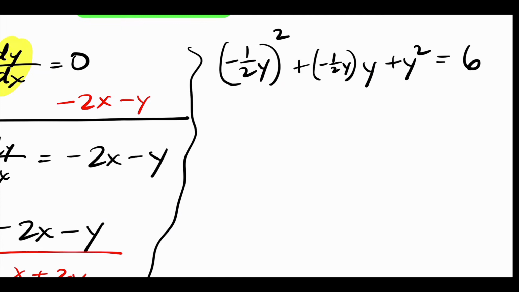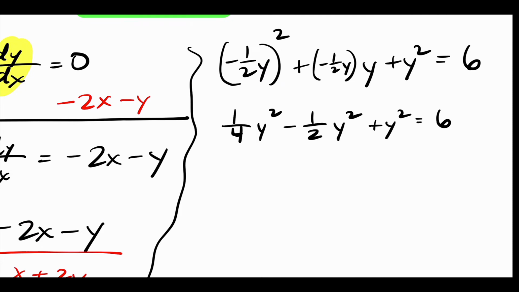Negative 1/2 squared makes a positive 1/4 y squared. Negative 1/2 y times y makes a negative 1/2 y squared, plus y squared equals 6.